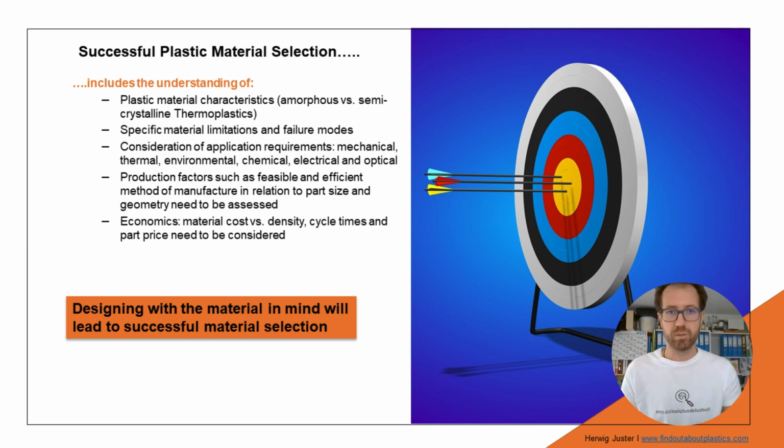Everything needs to be considered. So to conclude, designing with the material in mind will lead to a successful material selection. Now we have a look at how we can do that for the smartphone front bezel.